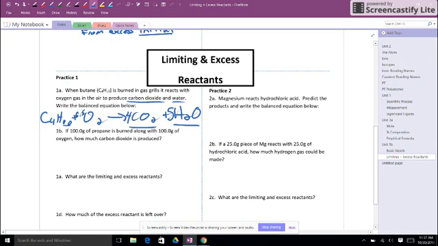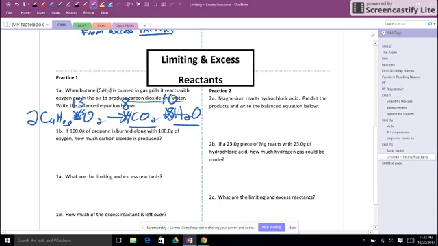Now, especially for my gold class, I think I rounded this to 7, and we were supposed to fix it, actually, and we didn't get back to that. To address this 0.5 now, I would double everything. So I get 2 butanes, I get 13 oxygens, we have 8 CO2s, and we have 10 waters. So this means that for every 2 moles of butane and 13 moles of oxygen, we get 8 moles of carbon dioxide and 10 moles of water.